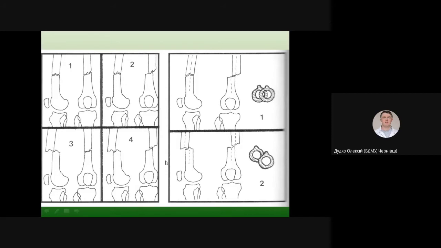If we look at the first picture, we see the lateral view on the left side, where we have the patella on the side, and there is no displacement, anterior or posterior. The AP view, like that one, can show us lateral displacement. On this view, you don't see any lateral displacement. But when you look at the second picture, on the AP view, you can see that there is displacement.